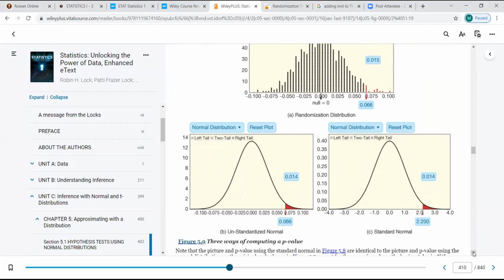Now, one of the two assumptions, and again, you'll see this more and more when I post all of the information about doing all these hypothesis tests. Well, let's see, what was I going to say here? The assumptions, yes. The first assumption, and these assumptions have to be met, is that the samples would have to be selected randomly.